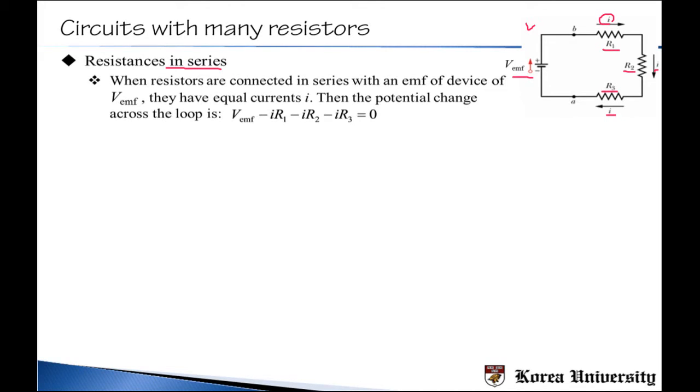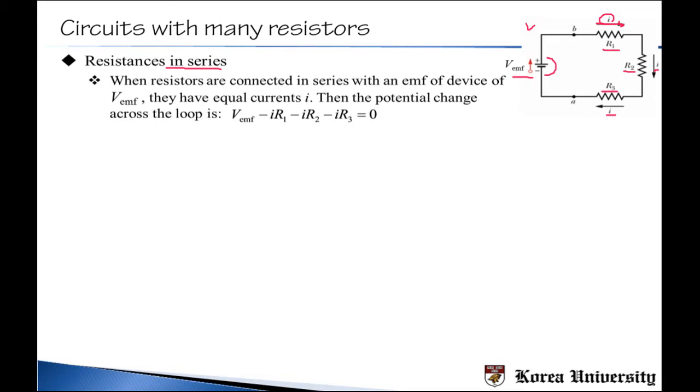And then we already assumed that the current is flowing in this direction, which is clockwise. And this choice is natural because we have the battery or the EMF device oriented in this direction, okay?